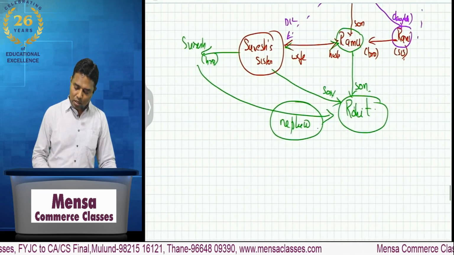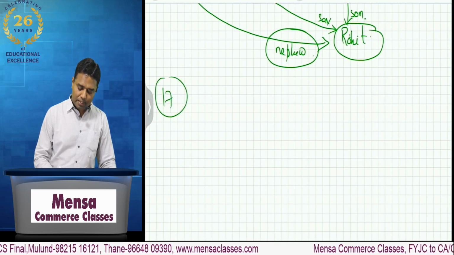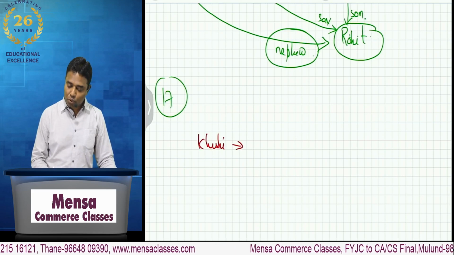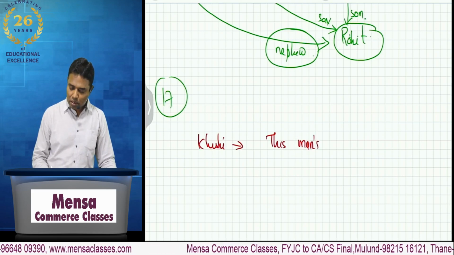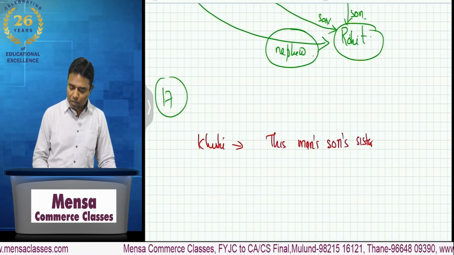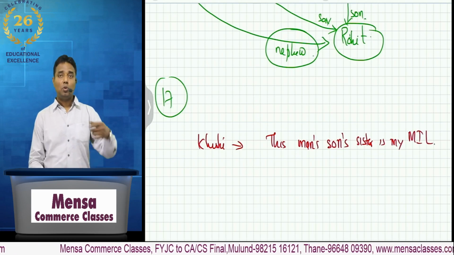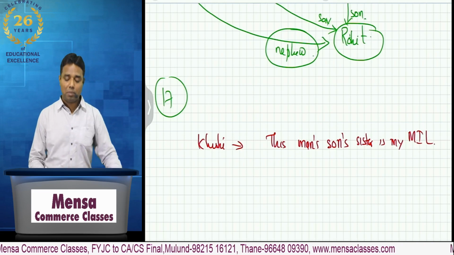That is question number 17. Let's write the sentence. What does Khushi say? Khushi says, this man's son's sister is my mother-in-law.